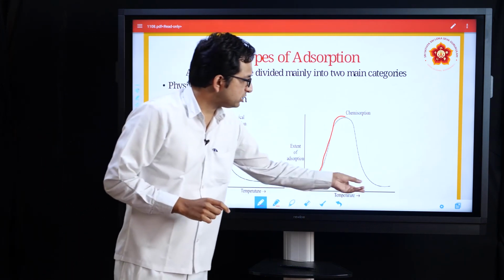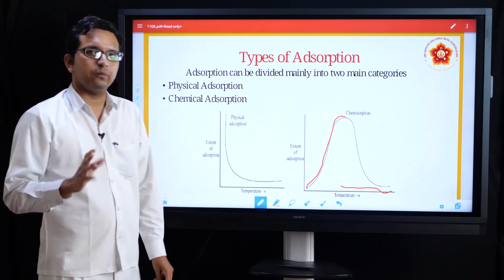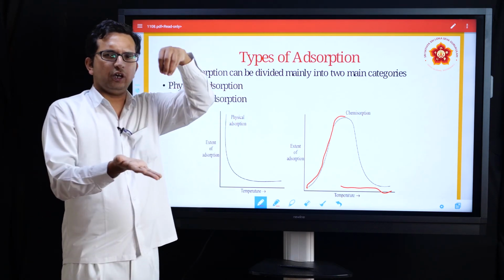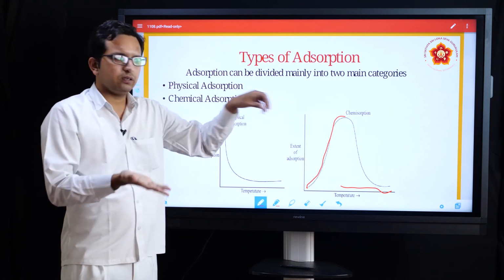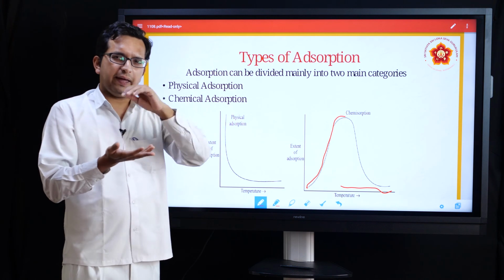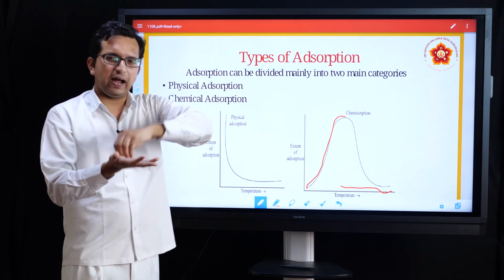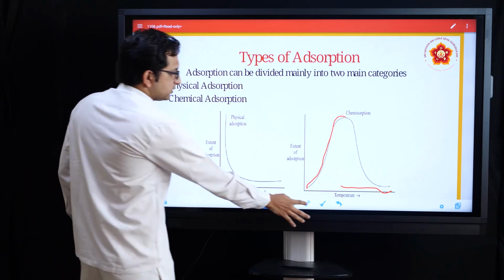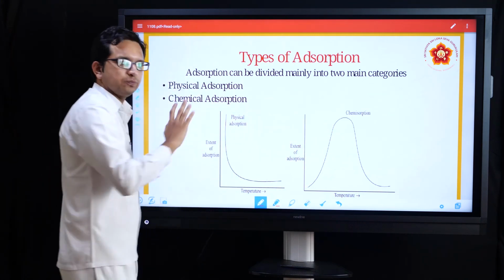But too high a temperature will also not be favorable, because no doubt the molecules will adsorb nicely onto the surface, but very high energy will give excess energy for the molecules to go away from the system. That is how these two graphs can be understood.